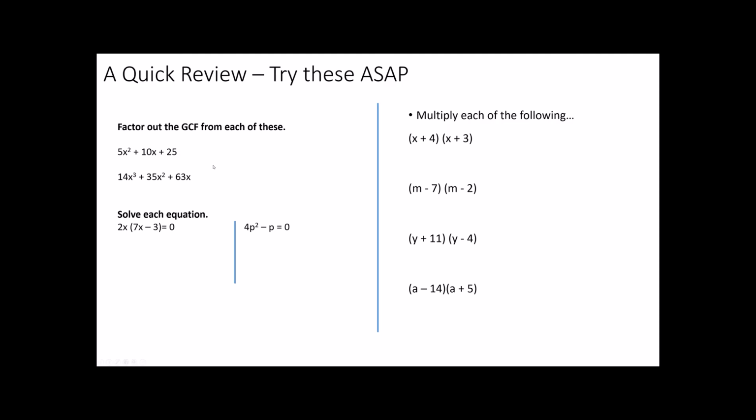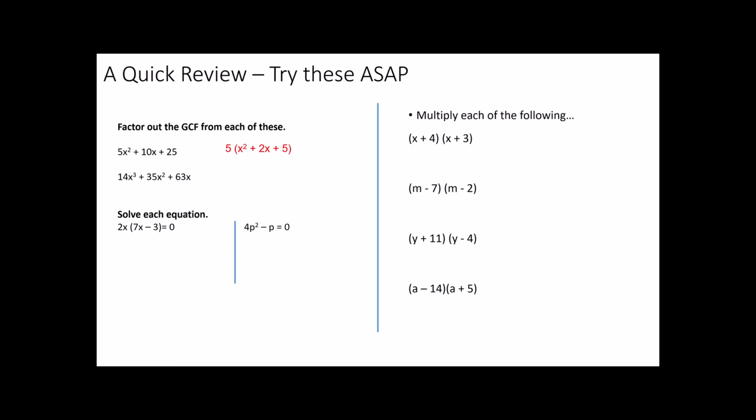Notice the first set of directions say factor out the GCF from each of these. In other words, in this quadratic trinomial, we're trying to see if there is a number that has been multiplied by all three terms. We're looking for a common factor for all three terms. Hopefully you can look at this and see that all three of these seem to have been multiplied by a 5.